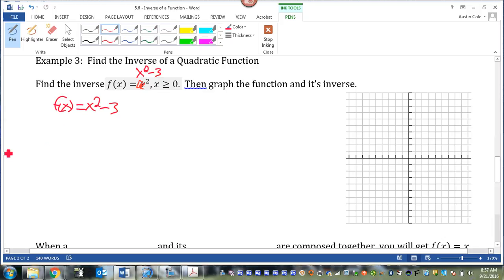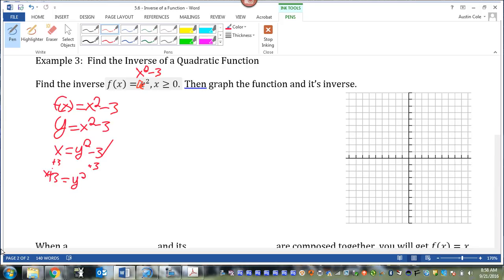I have to get rid of that first, right? So y equals x squared minus 3. Switch them. X equals y squared minus 3. And then Easton's absolutely right. Add 3. Equals y squared. Now what do we do?